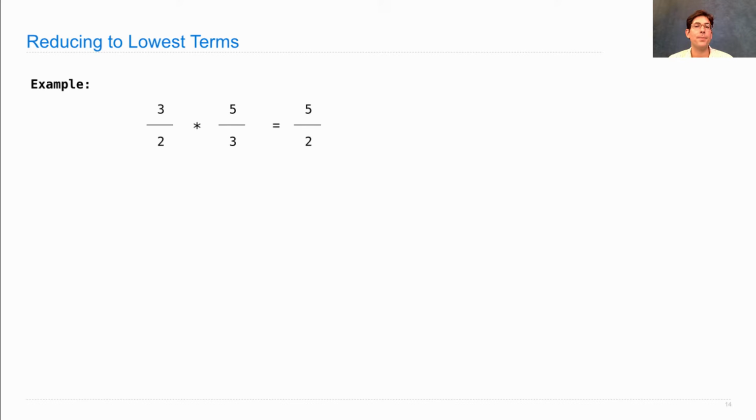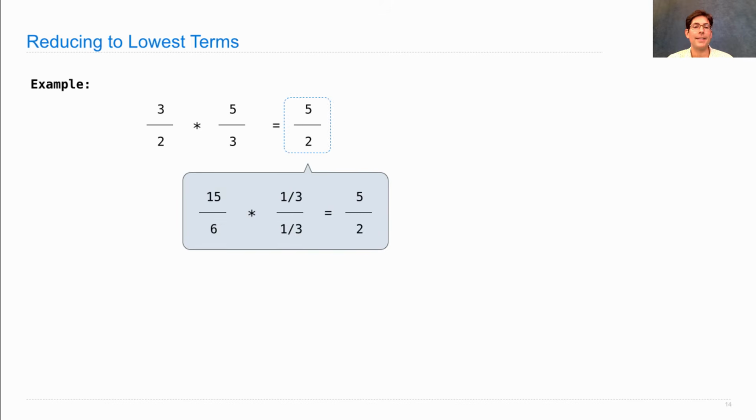And the answer is not 15/6, but 5/2. And why is that? Well, we had 15/6, but those were not relatively prime integers. We can reduce the fraction to lowest terms by multiplying both the numerator and the denominator by 1/3, and that gives us an equivalent fraction 5/2 that's simpler.